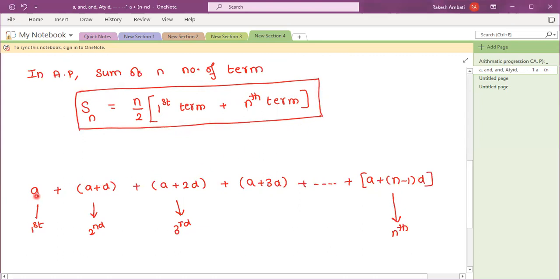Summation of n number of terms in arithmetic progression: the formula is n by 2 into first term plus nth term, where n means the number of terms. This is the formula to find the sum of n number of terms.